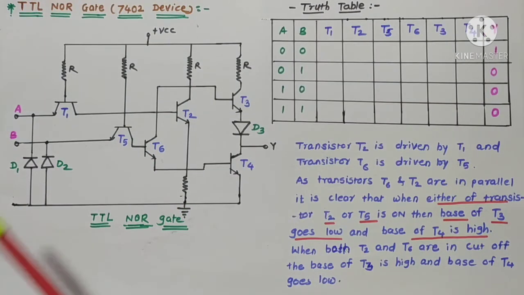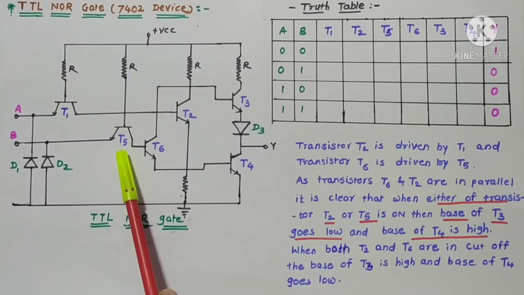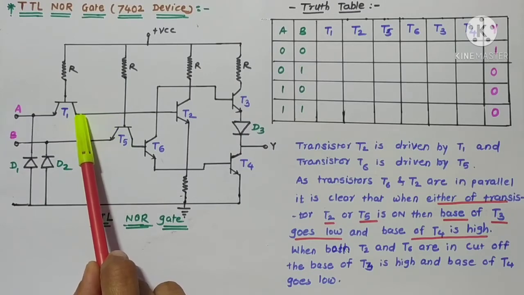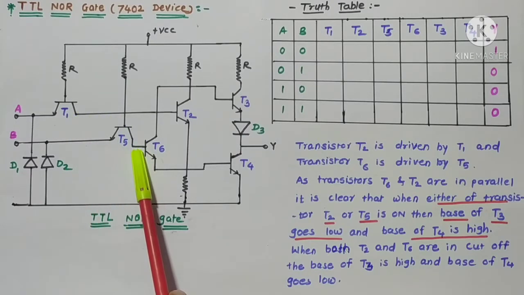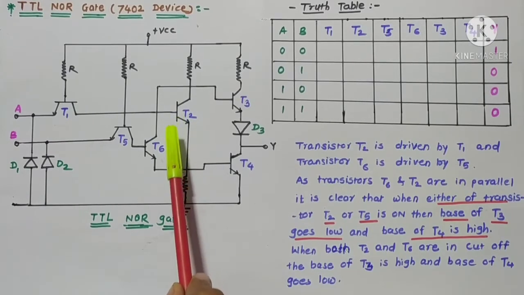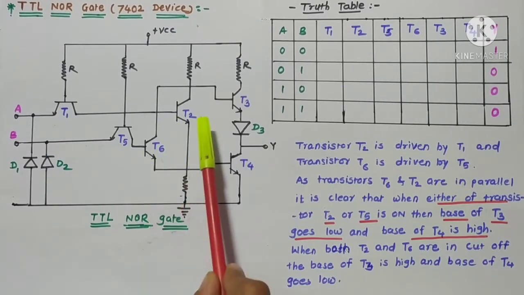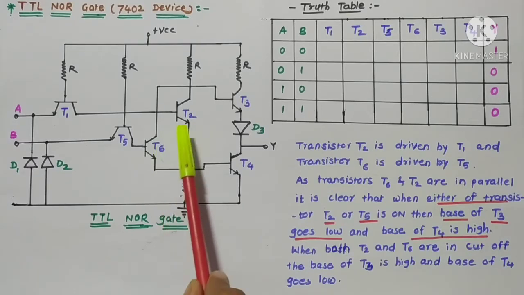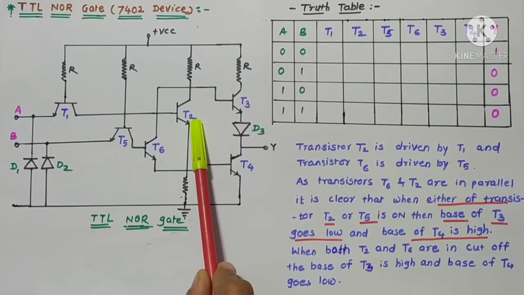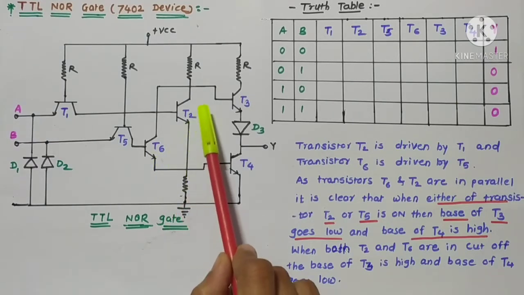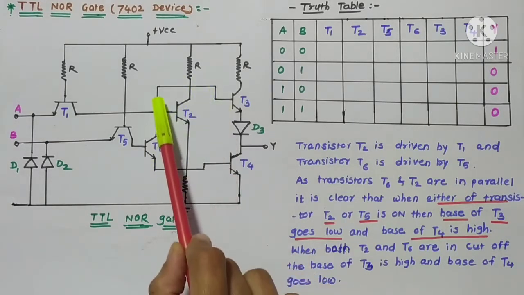As transistors T1 and T5 switch on, their collectors go low. As the collectors of transistors T1 and T5 are low, this is given to the bases of transistors T2 and T6. Thus, transistors T2 and T6 go into cutoff. As transistors T2 and T6 are in cutoff, their collectors go high.